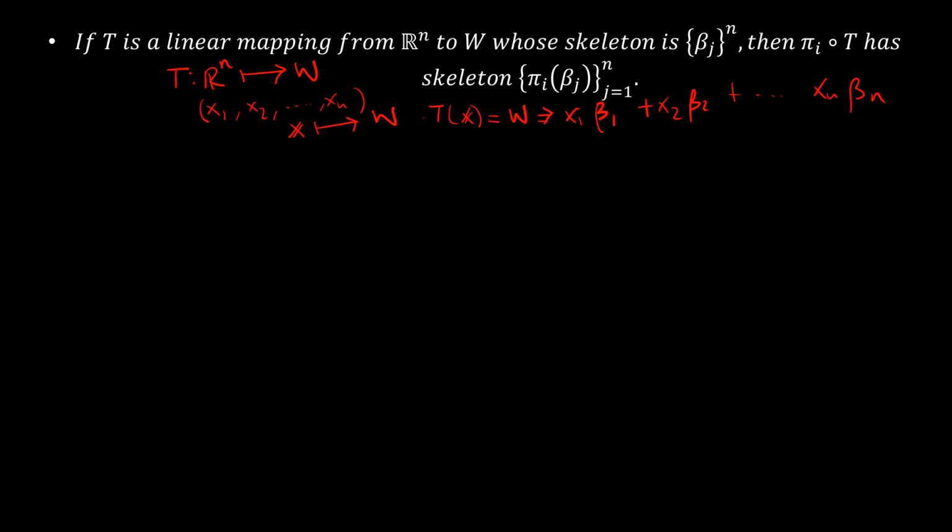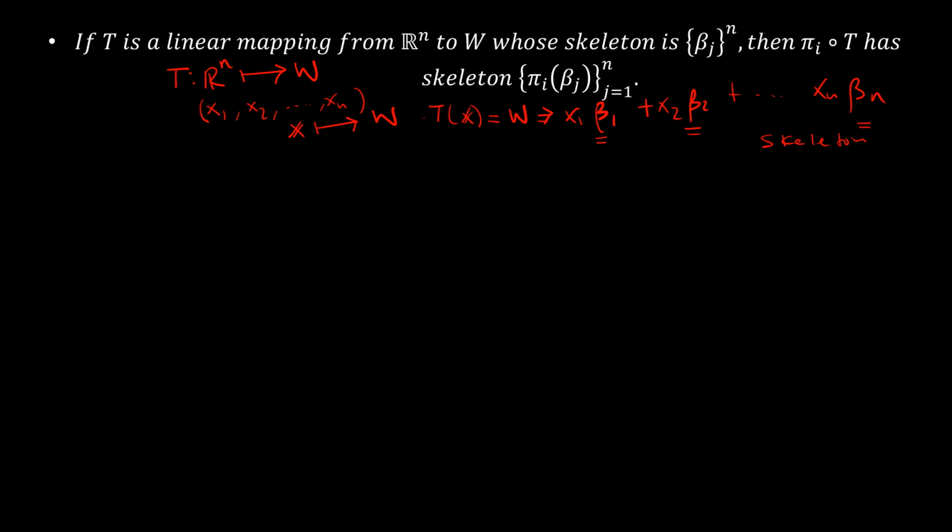And this combination of vectors here, these are what we call the skeleton of that transformation or that mapping.